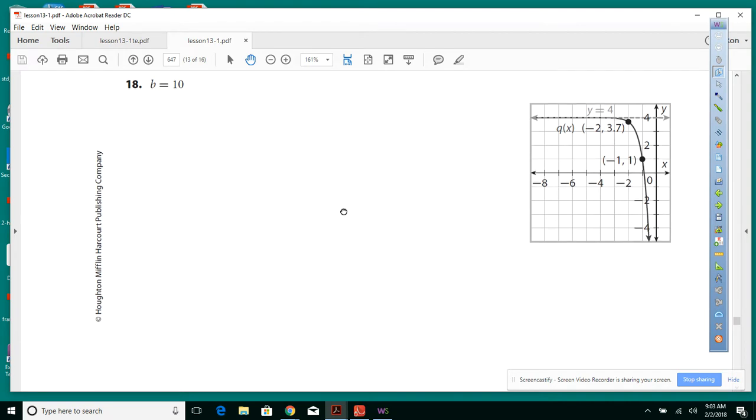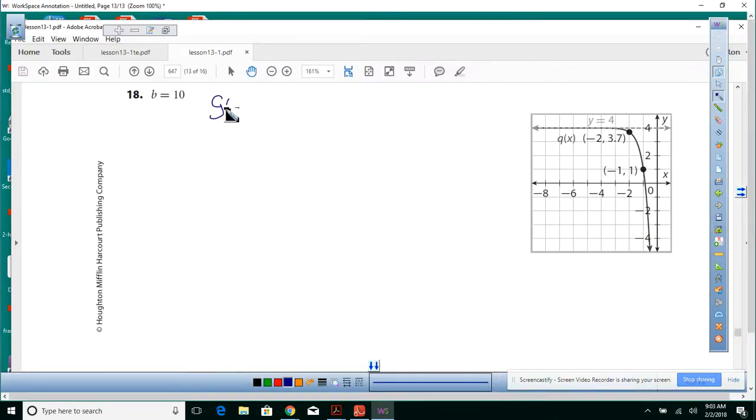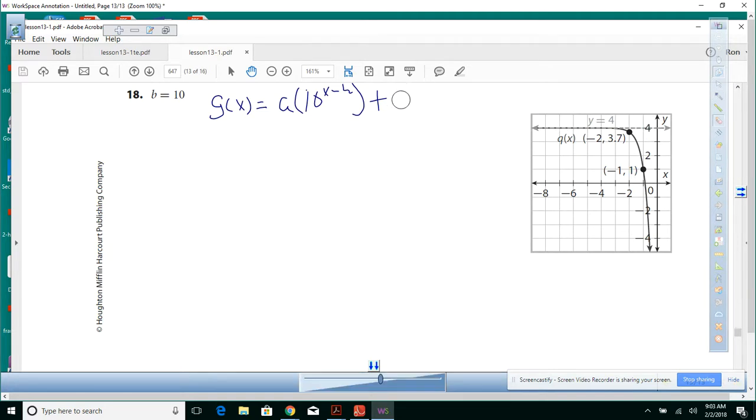18. Oh, B is 10. So let's just go ahead and write. What do we know? G of x equals a times 10 to the x minus h, plus k. Well, y is our horizontal asymptote, so we know k is 4.